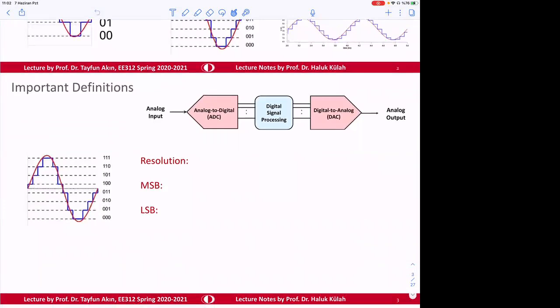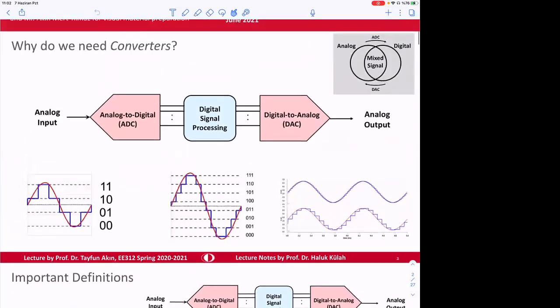So here, the number of bits, is it going to be 3 or 5 or 8? For some cases, this representation signal can be as high as 14-bit, for example.